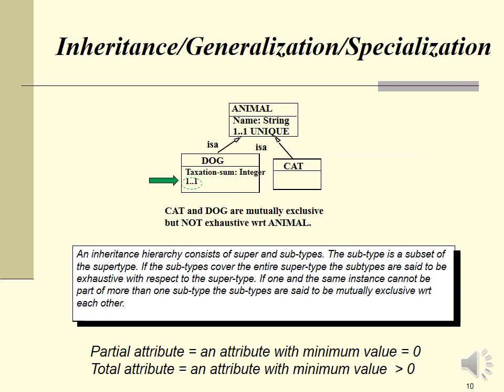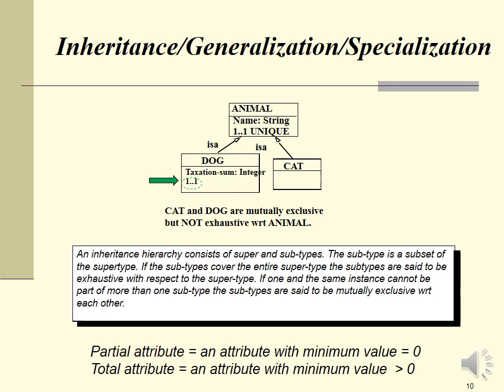If we want to create classes where the attributes apply, which they should, to all individuals of a certain class, then we should strive to have all attributes as total. That is, the minimum value for all attributes in a class should be 1. And one way of accomplishing this is to divide the class into an inheritance hierarchy. In this case, I have divided animal into 2 subclasses, dogs and cats.